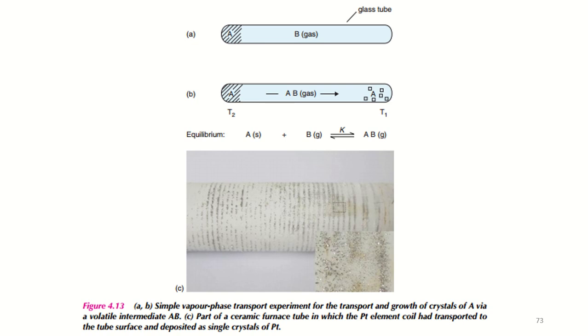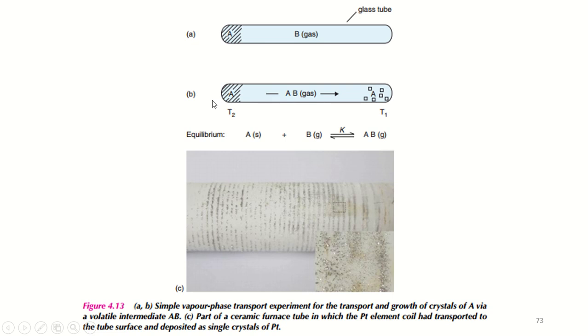We can say this is the AB gaseous intermediate, which permeates the whole tube and decomposes somewhere in the tube at either higher or lower temperature to redeposit A, and it is shown in diagram B.